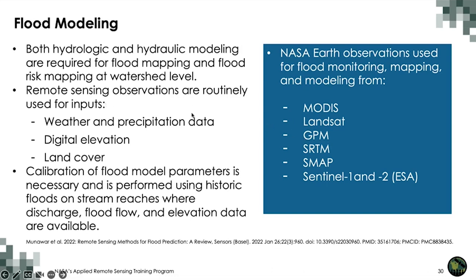GPM provides information about precipitation. SRTM has elevation data, and SMAP has soil moisture information. Calibration of flood model parameters is necessary, and it's usually performed using historic floods on streams where in situ observations are available of discharge, flood flow, and water elevation. And so model outputs are compared with these parameters for calibration of the models.